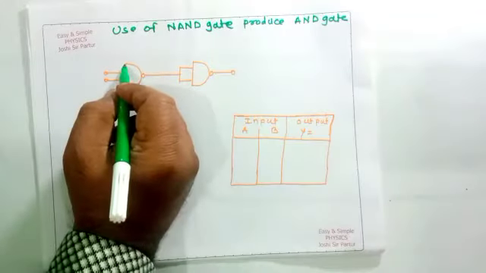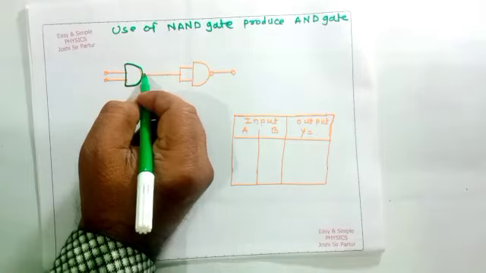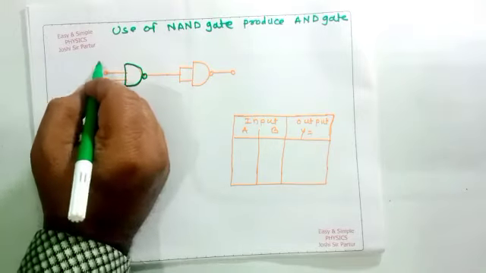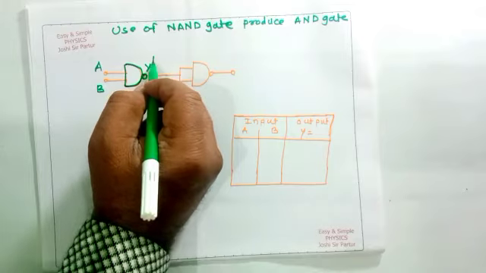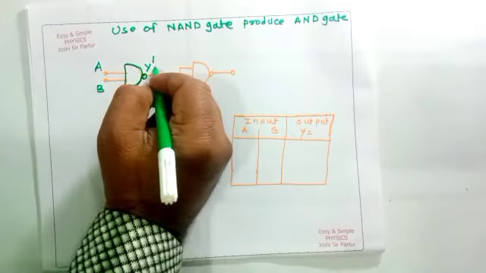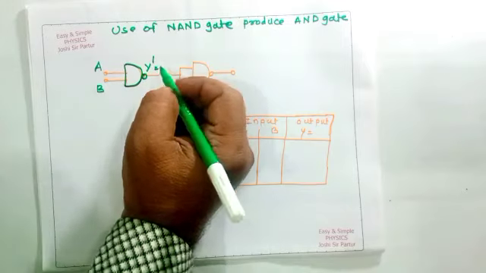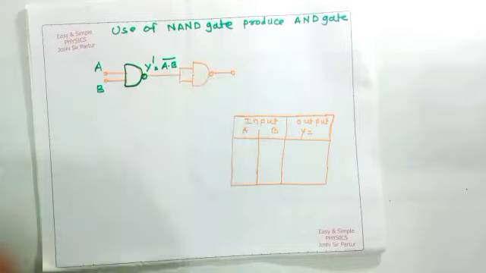See here, NAND gate having two inputs and one output. Input A, input B, output will be say Y dash. So Y dash is equal to complement of A and B.